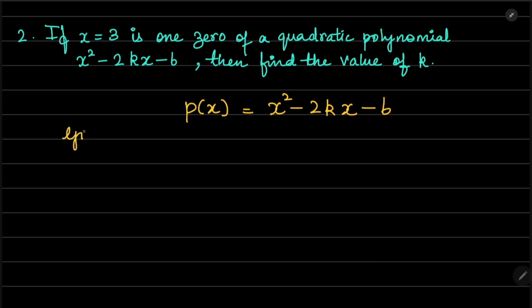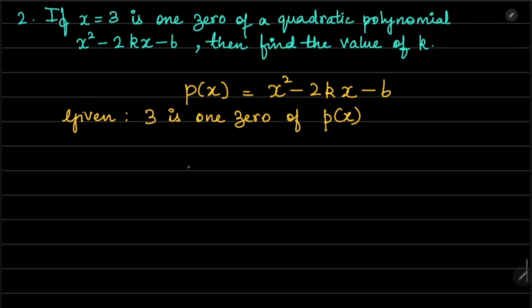We are given that x equal to 3 is one zero of p of x. What does it mean when you say 3 is one of the zeros of p of x? That means in place of x, if I substitute 3, then the value of the polynomial becomes 0.